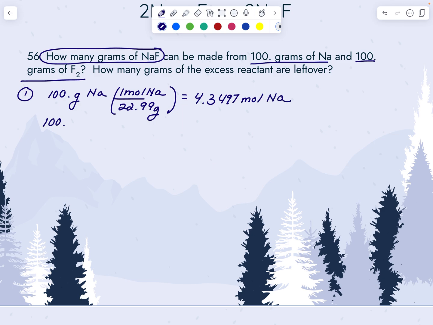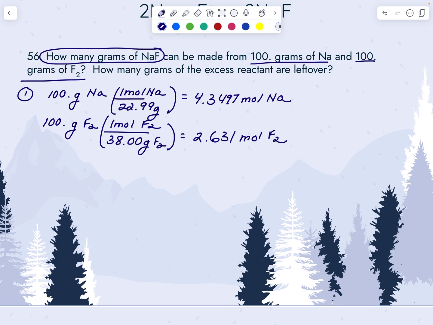And we're starting with 100 grams of fluorine, right? 1 mole of fluorine, fluorine's diatomic, so it's F2, has a mass of 38.00 grams. And so I'm starting with 2.631 moles of fluorine gas, F2, right?